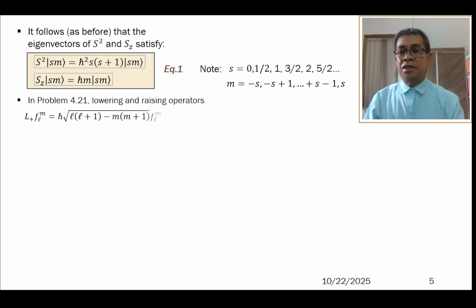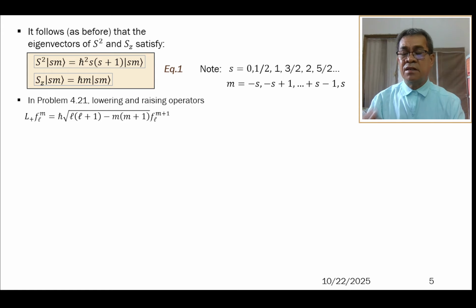Okay, so take note that in previous problem 4.2 in the book of Griffiths, we have the lowering and raising operators. When the raising operator acts on the harmonic wave function f l m, it levels up by one; you have to move to another level. So it now becomes f l m plus 1.